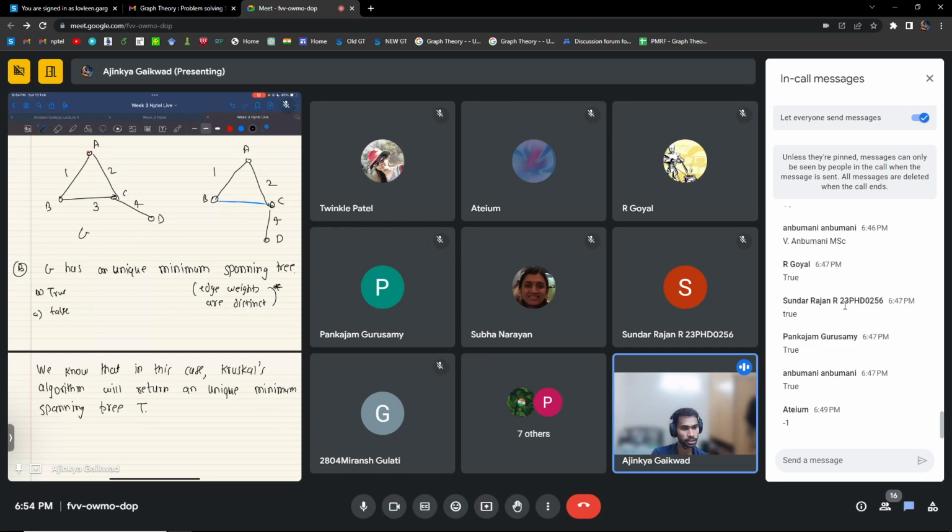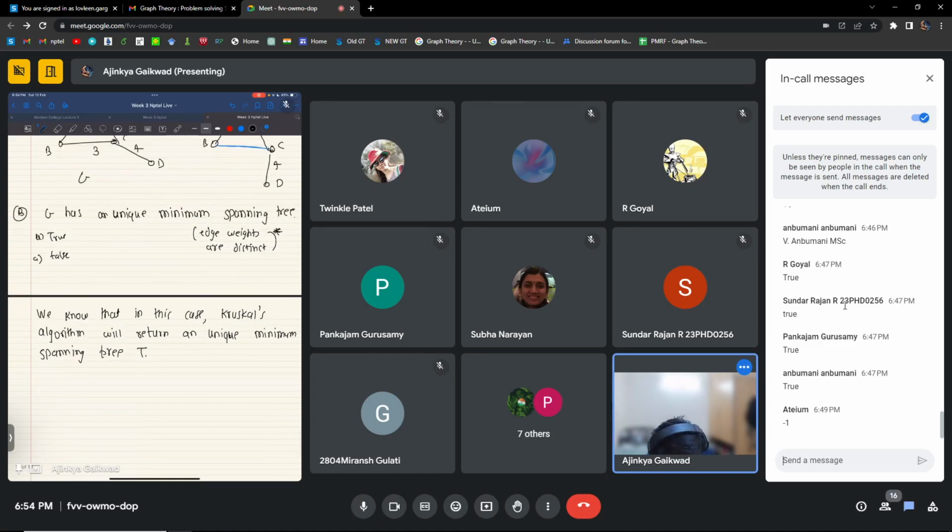Now you might say, I have some different algorithm for a minimum spanning tree, let's say Prim's or something else, and it returned a minimum spanning tree T prime where T and T prime are not the same. Then what could go wrong? This is again a proof by contradiction. Let's say there exists a minimum spanning tree T prime such that T and T prime are distinct.